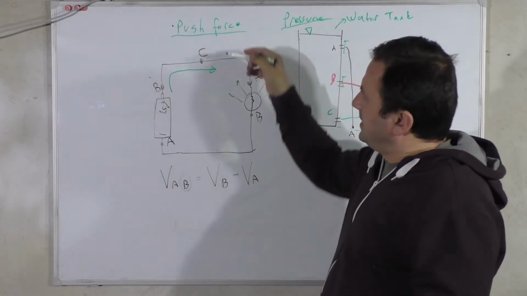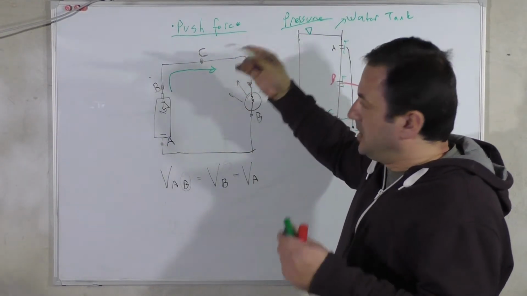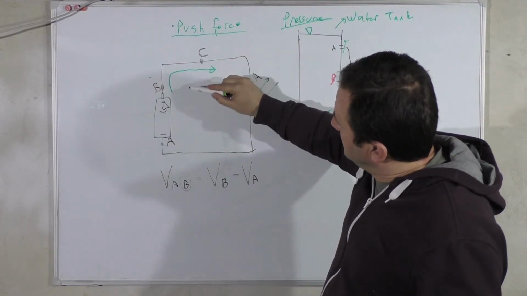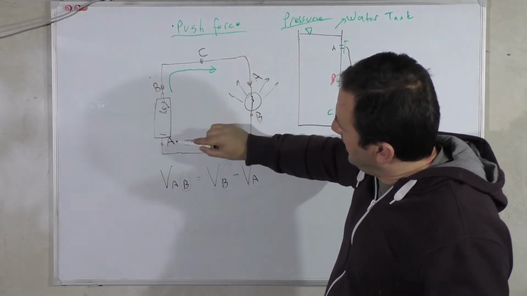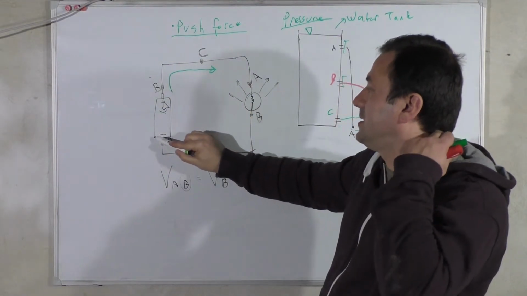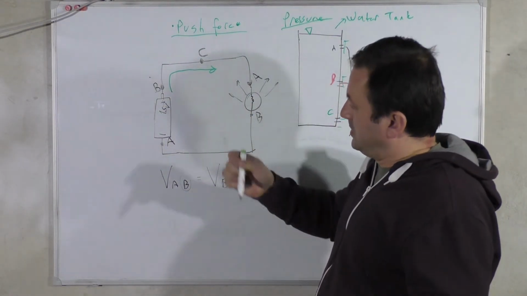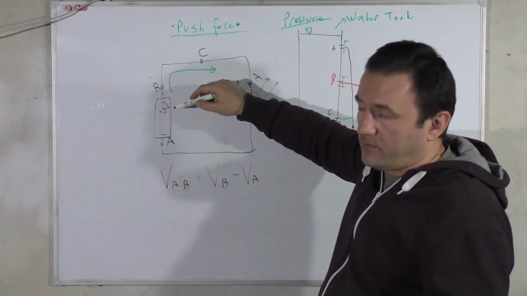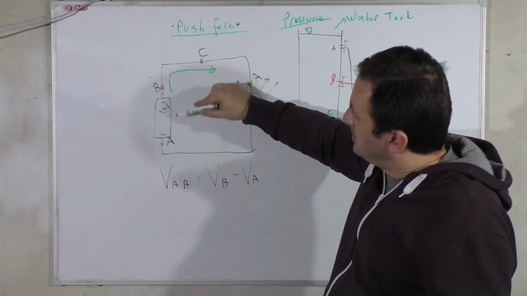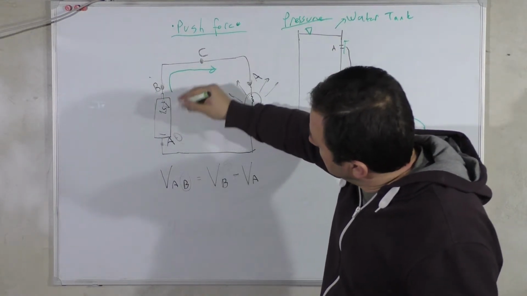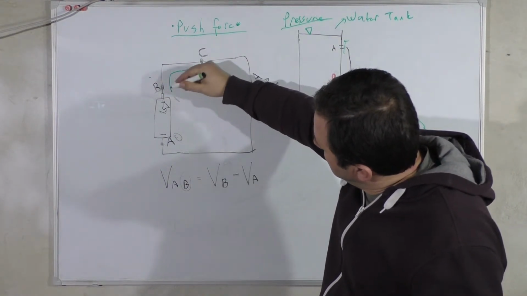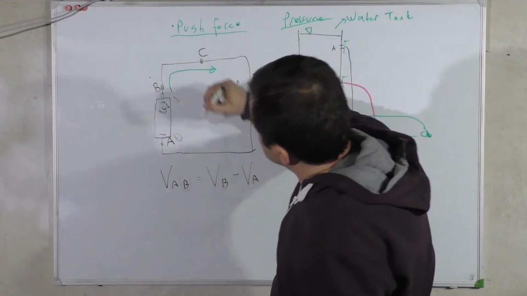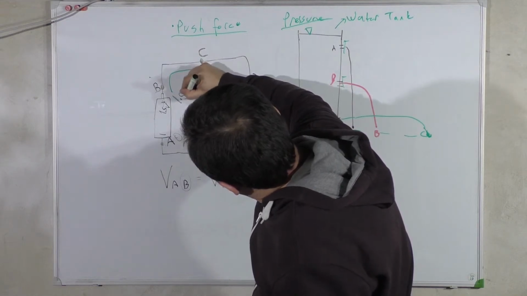To say the voltage of point C in general means the voltage difference between C and A, because A is the minus side. So if it's a 1.5 volt battery, here is 0, here is 1.5 volt.